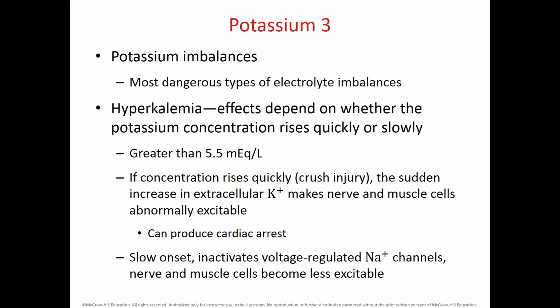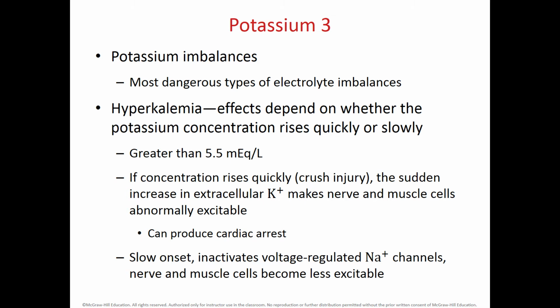In terms of electrolyte imbalances, potassium is more dangerous than others. Hyperkalemia is an excess of potassium, and its effects depend on whether the concentration of potassium increases quickly or slowly.